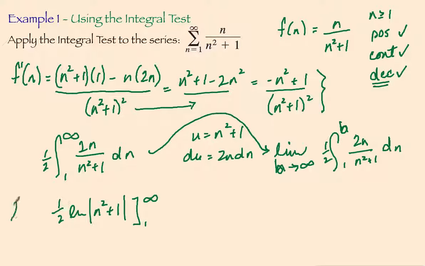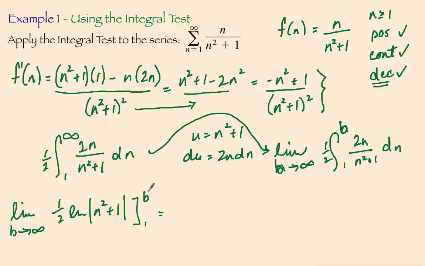Now, as we are going to evaluate this, we'll say as b approaches infinity, from 1 to b. And now, let's go ahead and see what ends up happening.